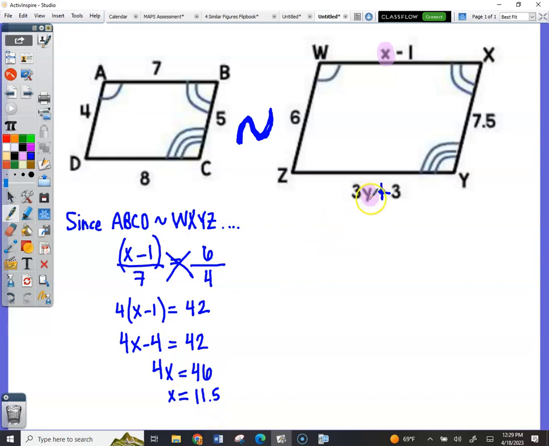Now you're going to repeat to solve for y. This is 3y plus 3. So if I'm solving for y, I'm going to go ahead and use that so I don't forget what the goal is. What does 3y plus 3 compare to? 8. Very good. And then here's the beautiful thing about this. We don't have to reinvent the wheel here.